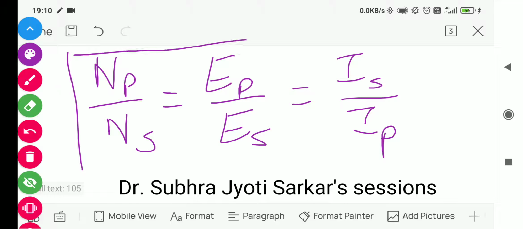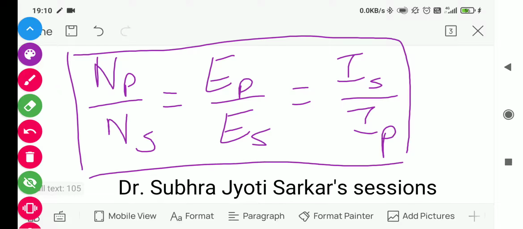This sort of relationship we had already come across during our class 12 course, or while we were discussing the fundamental transformer. Now what is NP by NS?